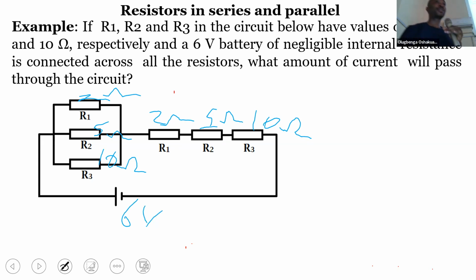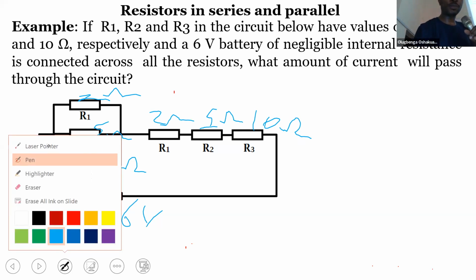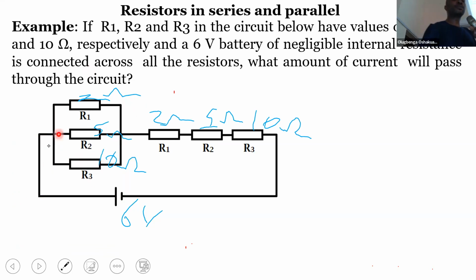So looking at this, the easy approach is to think about the combination on the left-hand side. They are in parallel, these 3 are in parallel. So I will resolve them, replacing the 3 with a resistor that has the equivalent resistance of these 3.